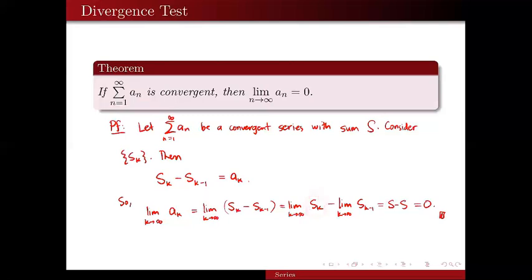Sk, it's the sequence of partial sums of your series here. Your series here is convergent. The sum is S. So what's the limit of Sk? It's equal to the sum, which is equal to S. That's the definition of our sum.